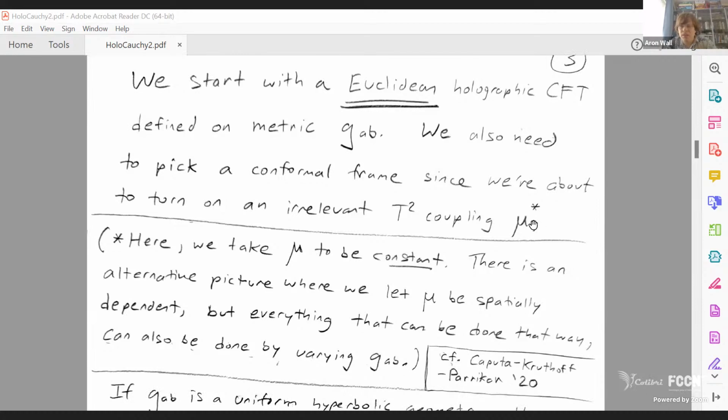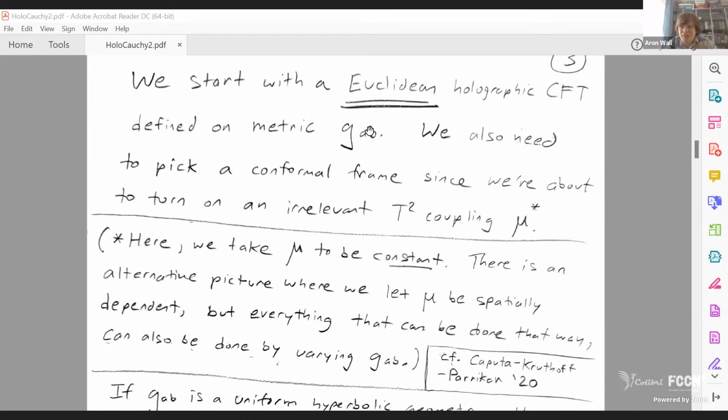Now, we're actually going to take mu to be a global variable here, so it's the same everywhere on the Cauchy slice. There's actually an alternative picture where you let mu be spatially dependent so that you do a different amount of deformation in different places. But everything you can do by doing that, you could also have done by just changing the original metric you start with and then doing a constant mu.